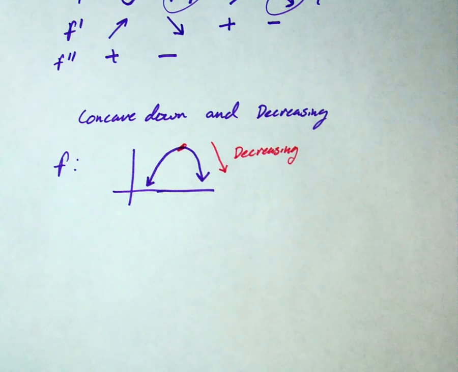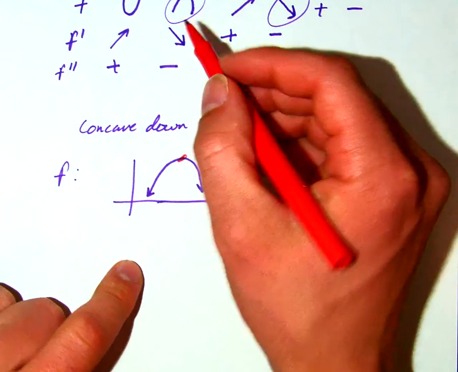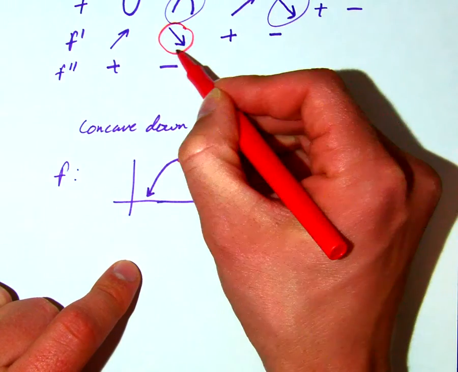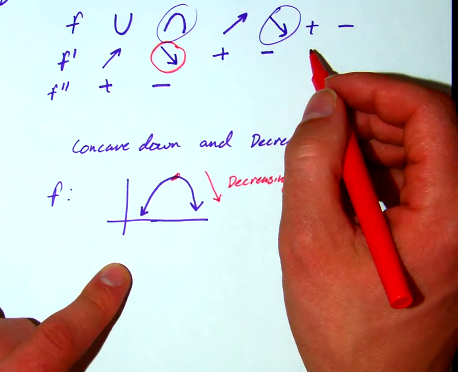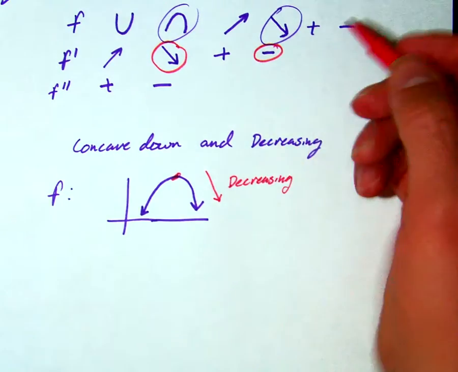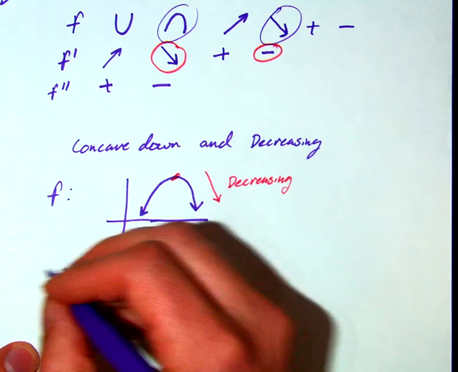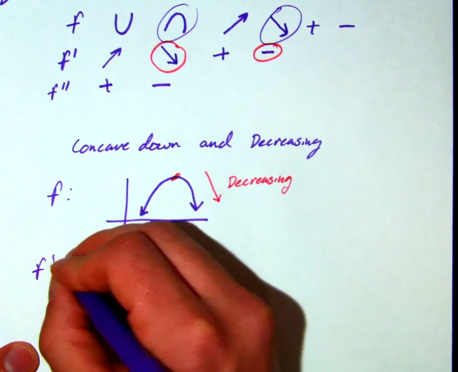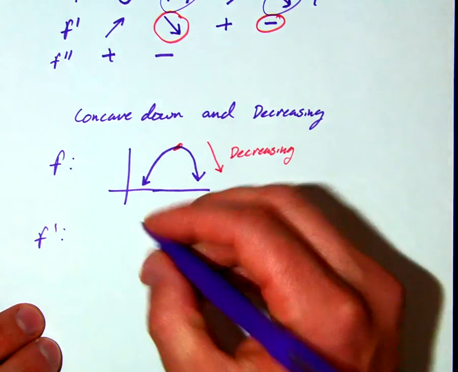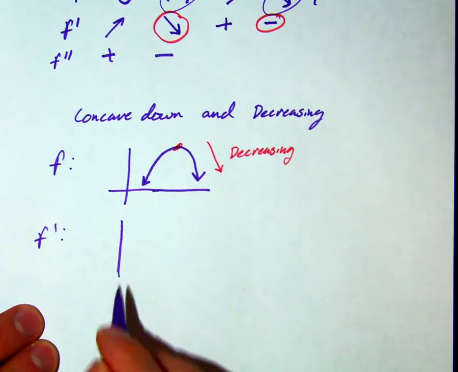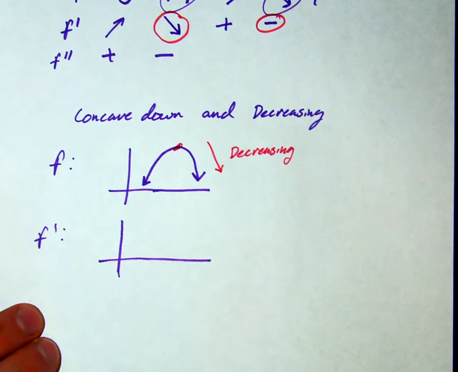That means f prime of x is going to be decreasing, have a negative slope, and it's going to be negative. So there's f, here's f prime. I'll try not to screw this up this time. I'll draw the same little graph. Okay.